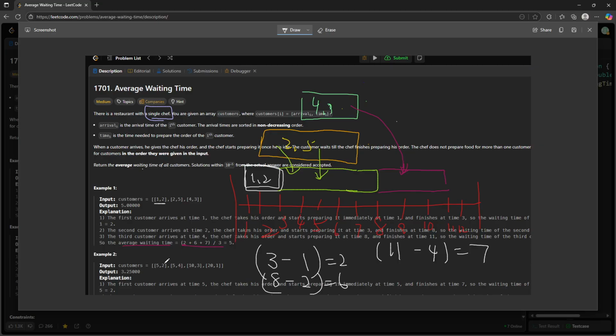So you want to do the average: add 2 plus 6 plus 7 divided by the total number of customers, which represents the length of the customer array. So in this case, 3.